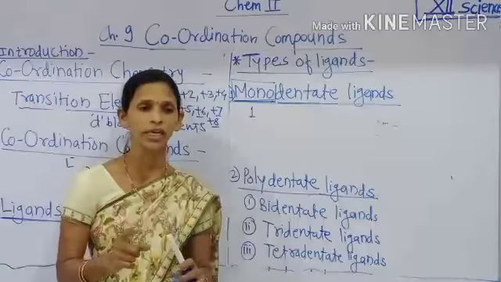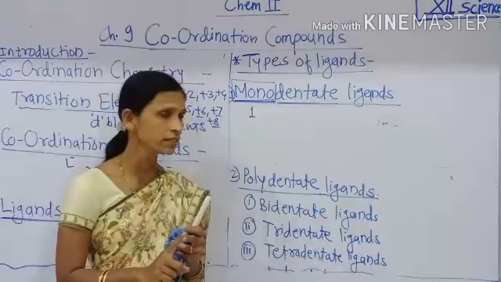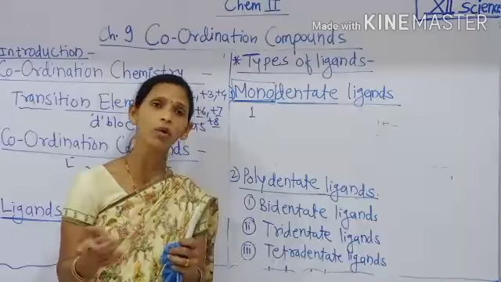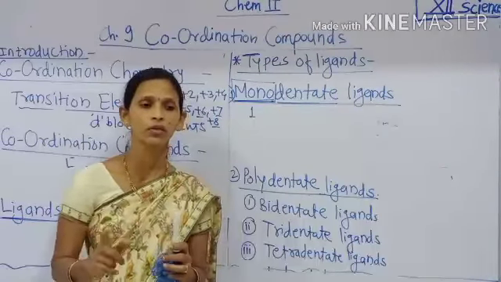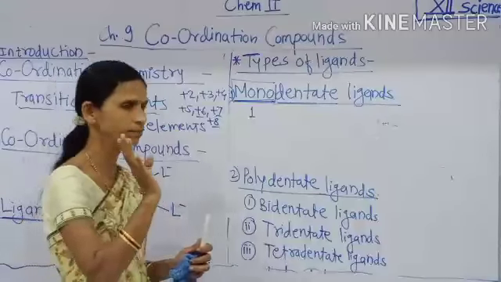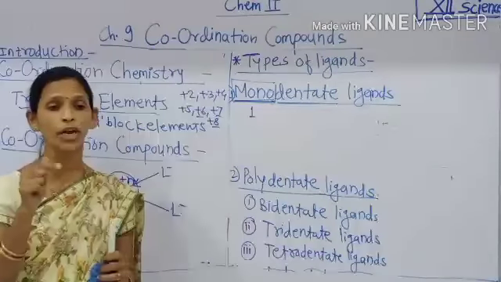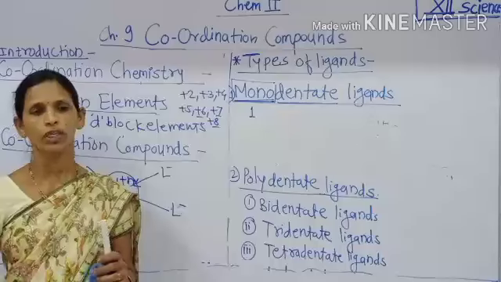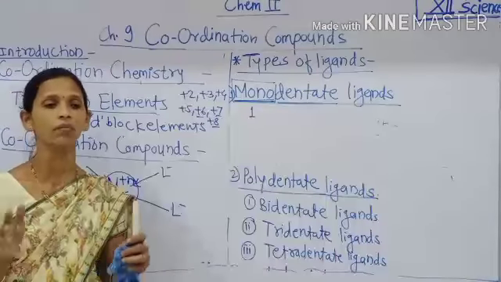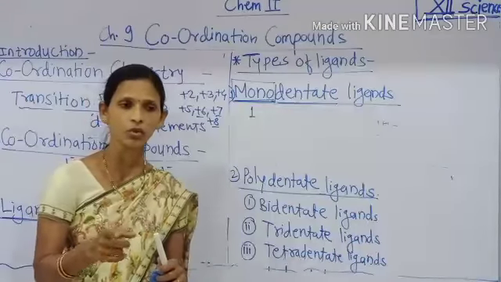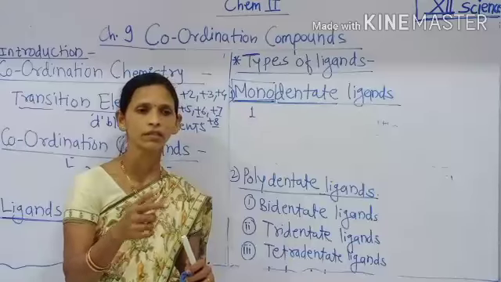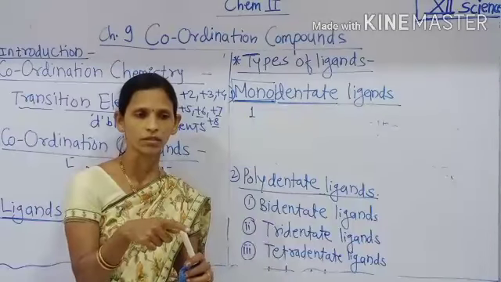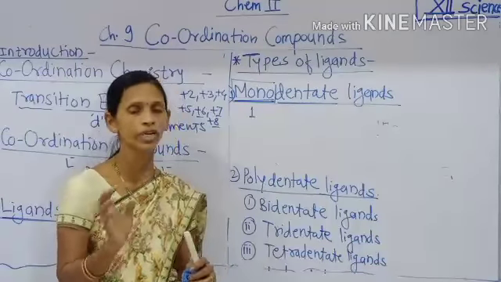Once again I am repeating: the ligand may be an ion or molecule which has only one donor atom or one point of attachment which can coordinate with the central metal ion. That means it has only one site in the complex, and is called a monodentate ligand.